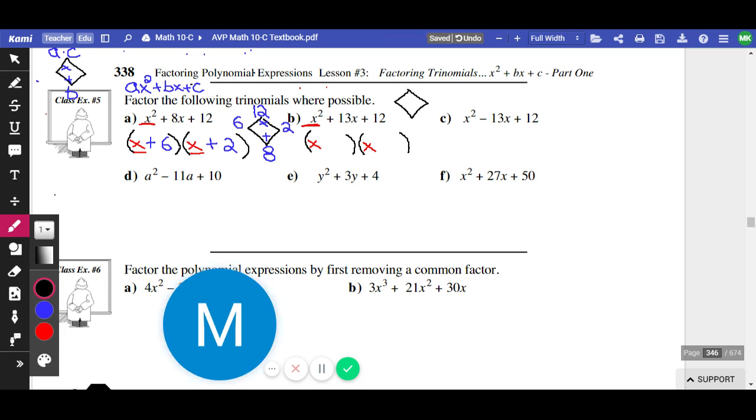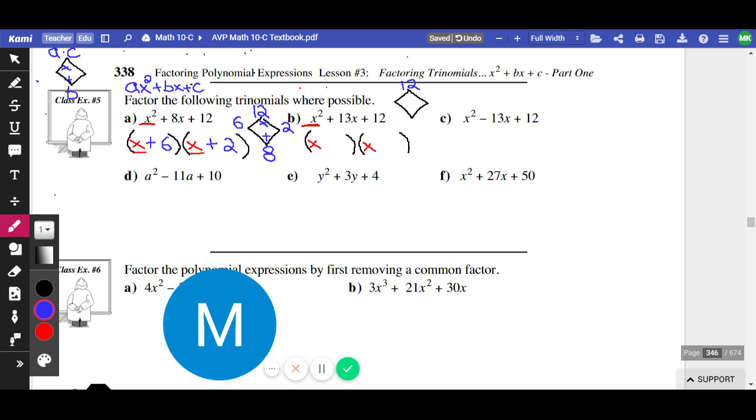On the top of your diamond is your a value times your c value. A is the number in front of x squared. C is the number that's last. In our case, 1 times 12. That's A times C. On the bottom of your diamond is your B value.